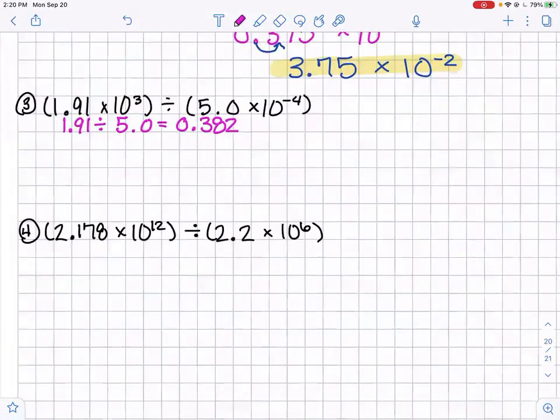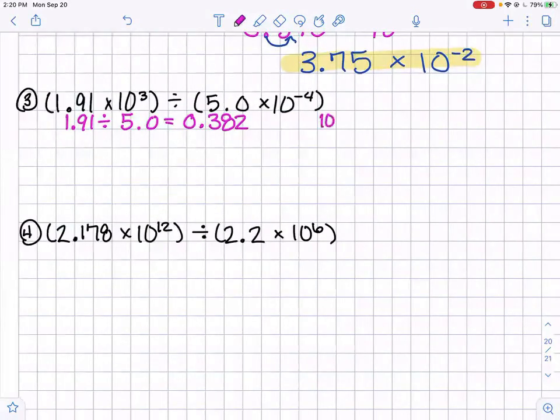Okay, Lucas, what are we going to do next? 3 minus negative 4 would be what? 7. So now I've got 0.382 times 10 to the 7th.